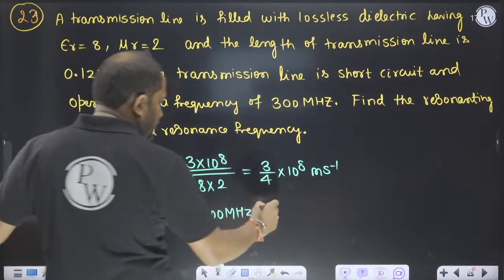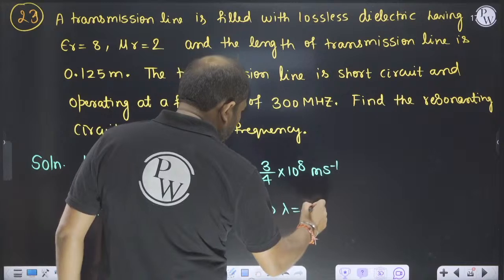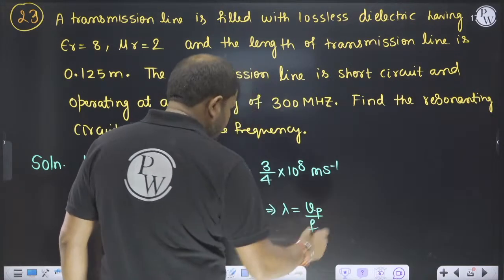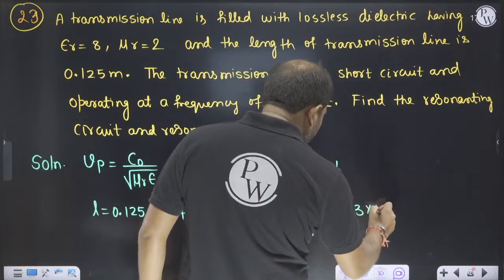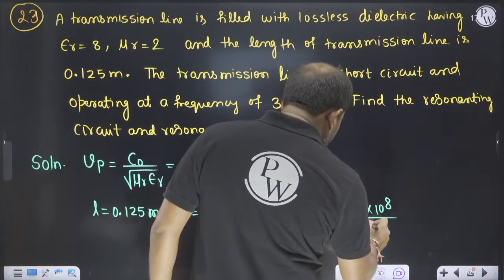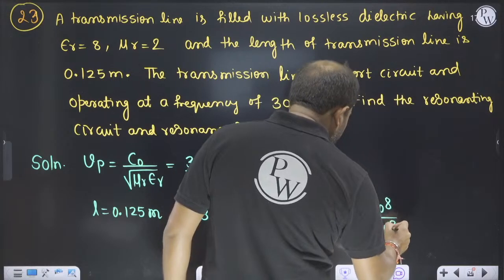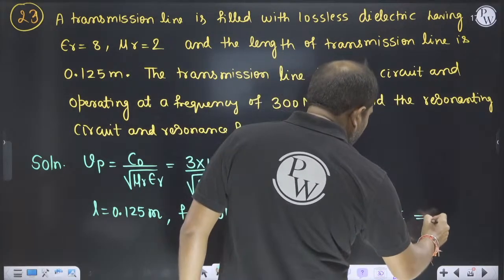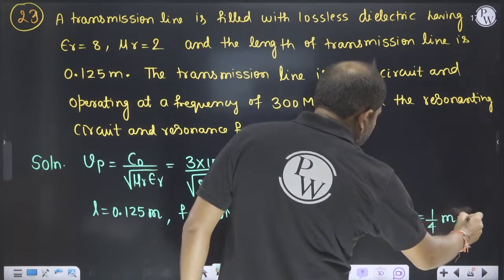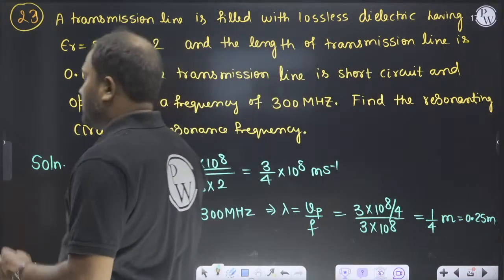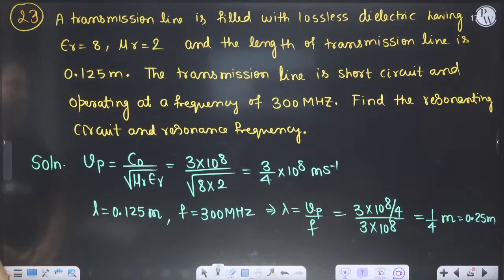So we can calculate lambda equal to Vp upon F. Vp is 3 by 4 into 10 to the power 8, and F is 3 into 10 to the power 8, so our lambda is 1 by 4 meter, that means 0.25 meter.